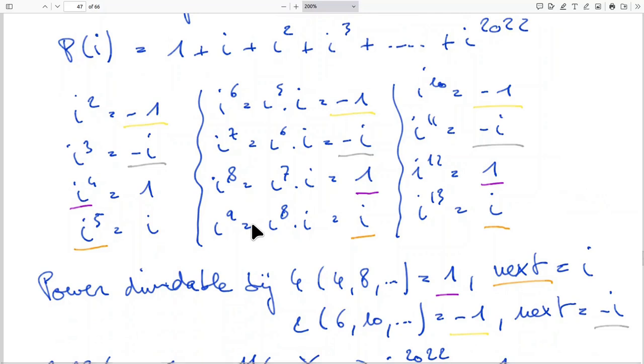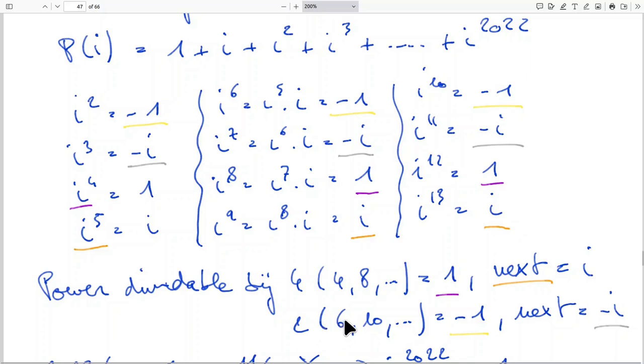Now you can see if the power is divisible by 4, so 4, 8, 12, and so on, then i to that power will be 1. I to the fourth is 1, i to the 8th is 1, i to the 12th is 1, and the next one, so i to the 5th, to the 9th, to the 13th, and so on, will be i.